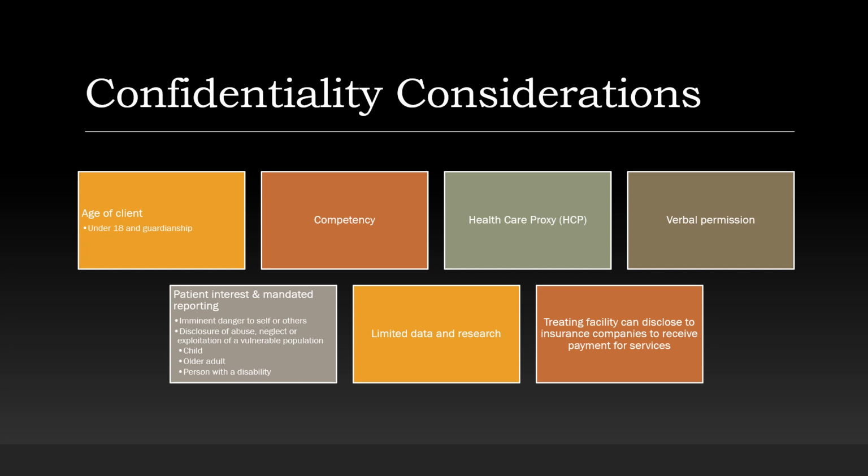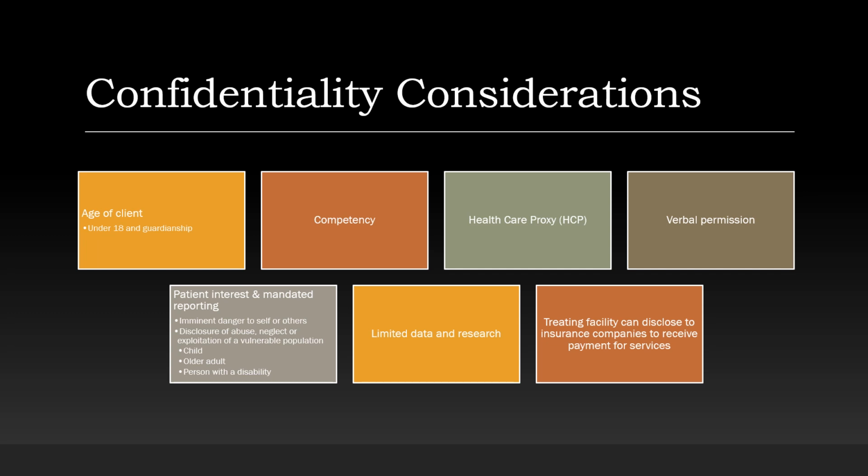Confidentiality considerations. With any rule, there are exceptions. I have outlined some exceptions here. It is important to keep in mind the age and competency of your patient. If a patient is under the age of 18, obviously we can disclose information freely with that patient's parent or guardian. Once the child turns 18, a written authorization must be obtained to continue the transmission of information to the patient's parent or guardian.